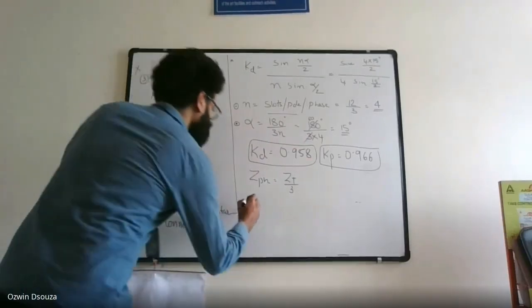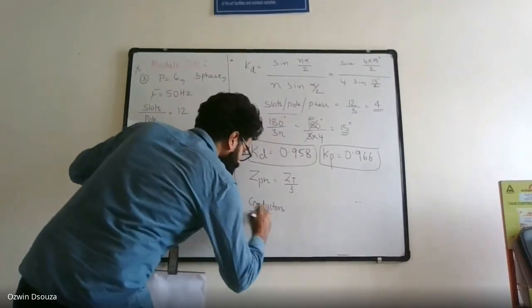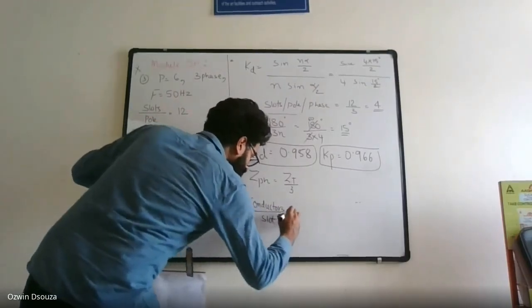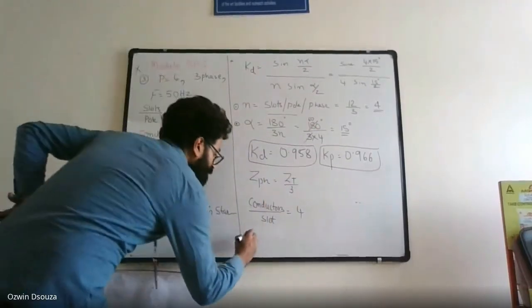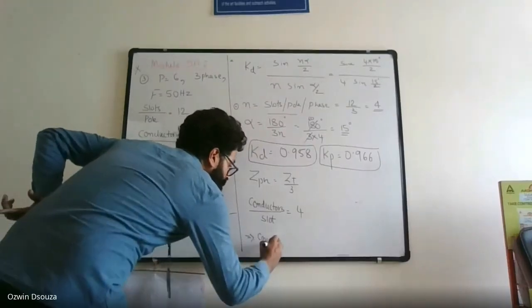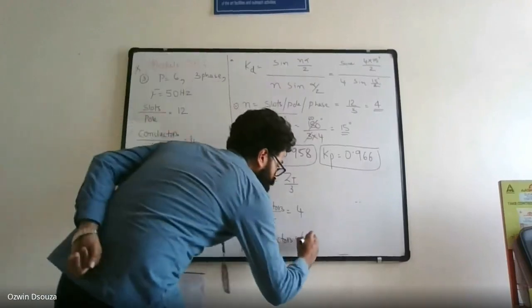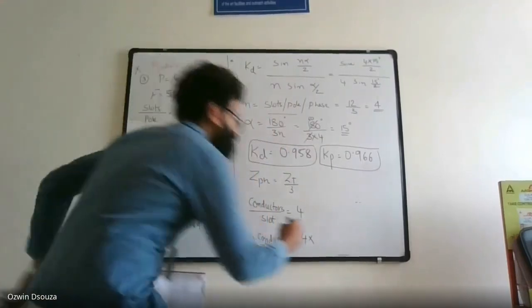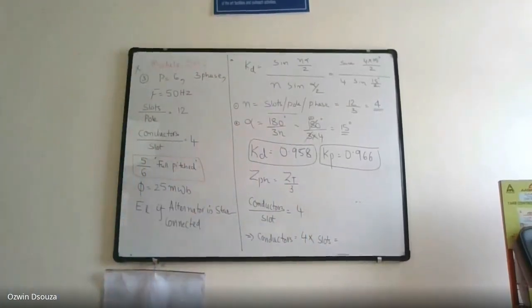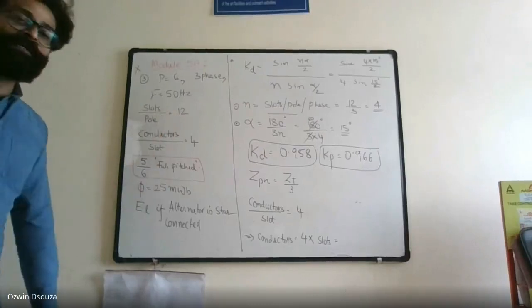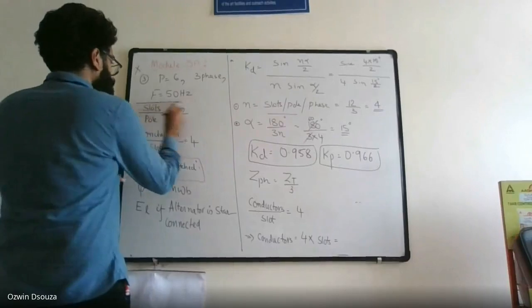Here, conductors per slot is equal to 4. So conductors is equal to 4 into slots. How many slots? Do we have direct data about slots? No, because you don't have the slot count.